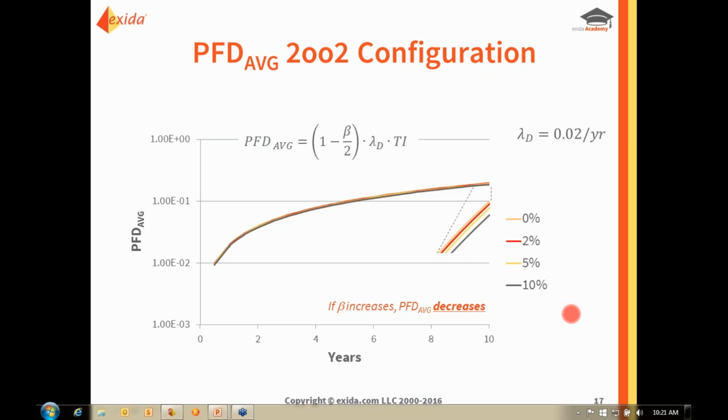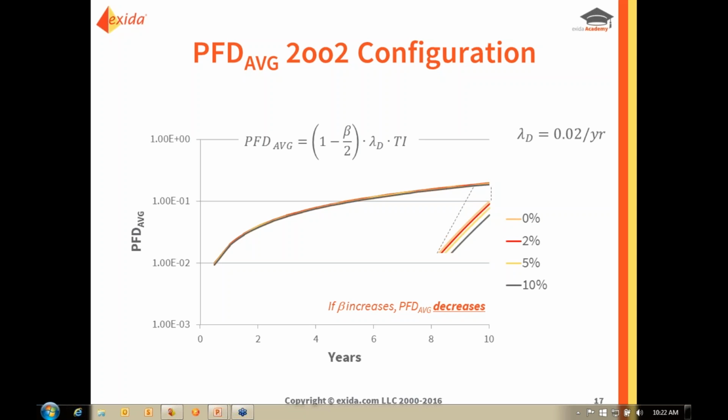If the 2 out of 2 system behaves more like a single system, its probability of failure will decrease. And that's what we typically don't expect. We don't expect that if common cause increases, PFDavg decreases. But here's an example as to why that may happen for a 2 out of 2 configuration.